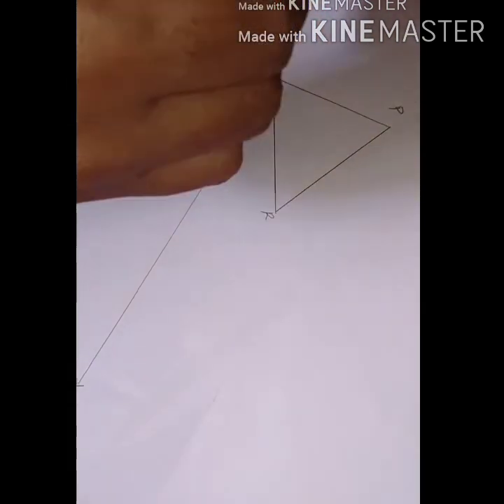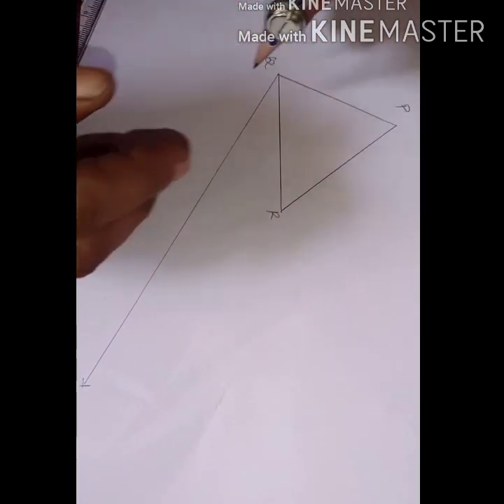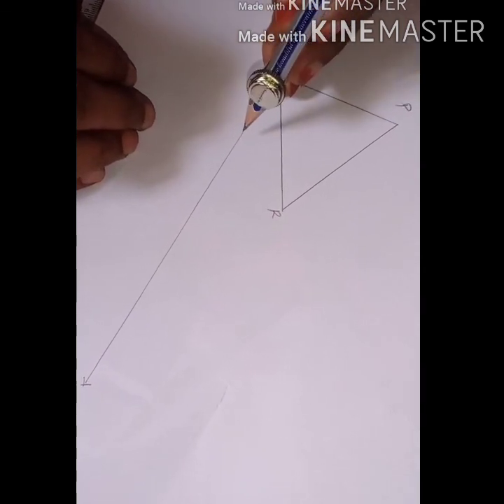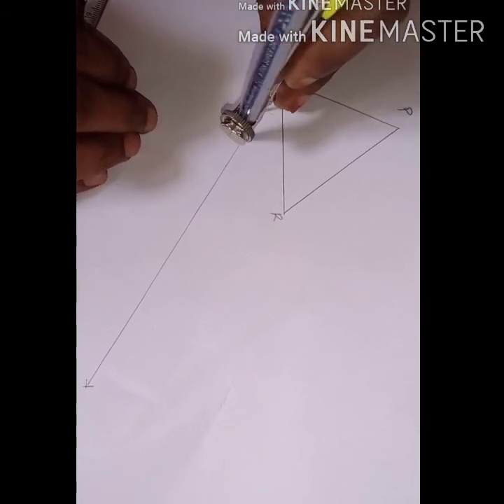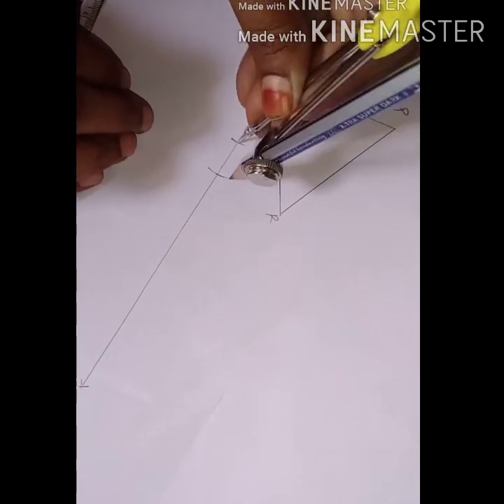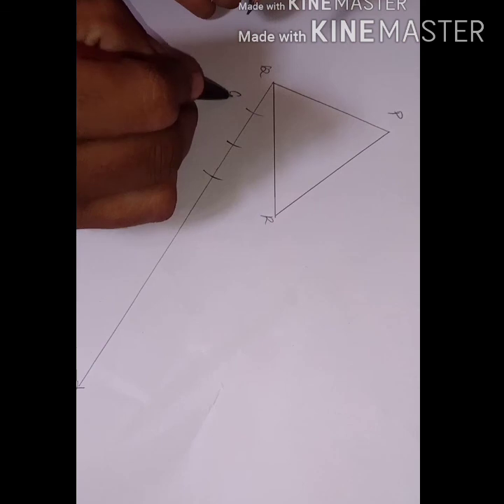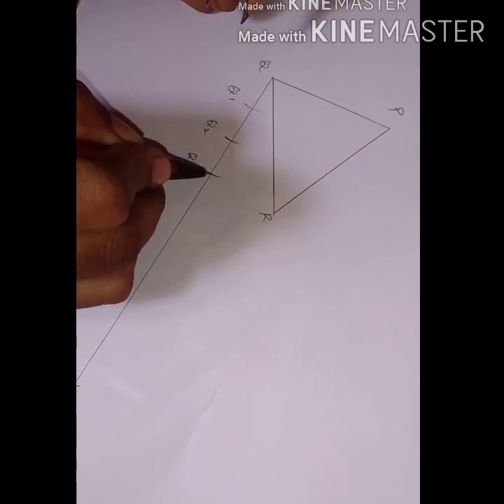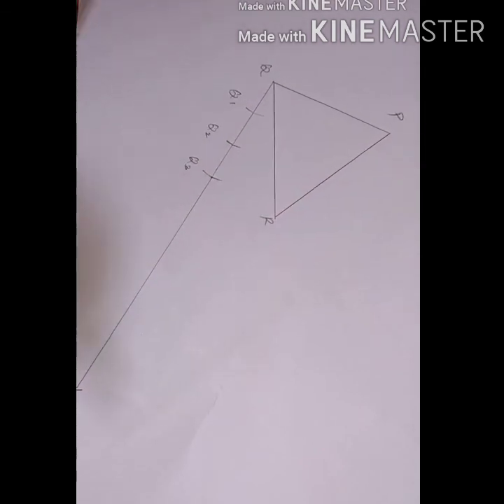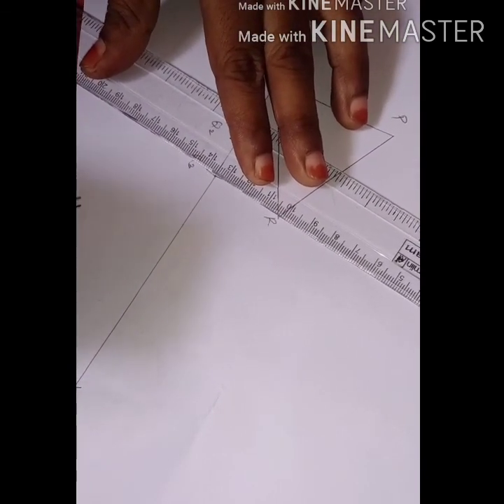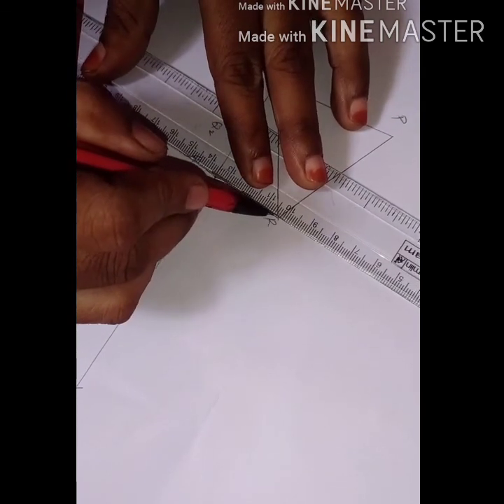So you first draw an approximate angle arc. 7 arcs we need: 1, 2, 3. This is Q1, this is Q2, this is Q3. Our original division is 3 only. So you join Q3 to our original triangle.